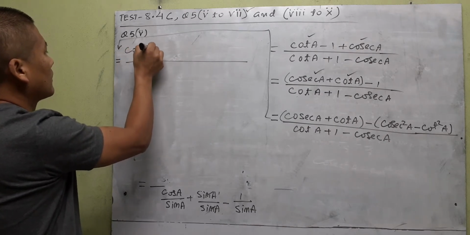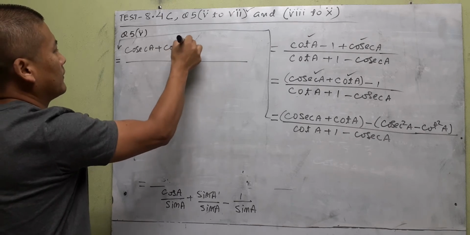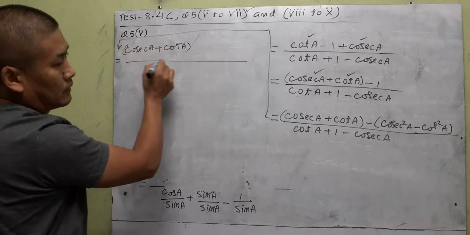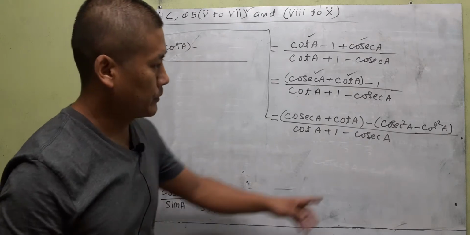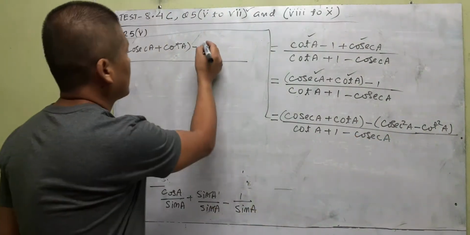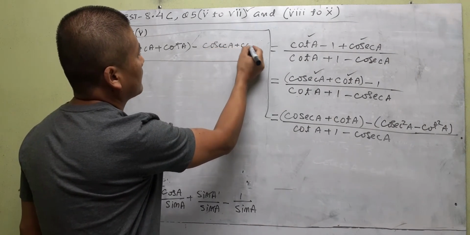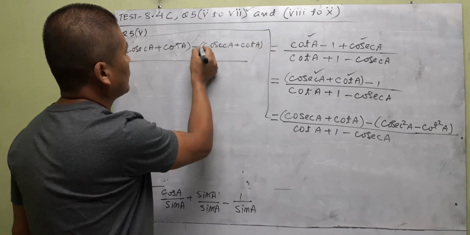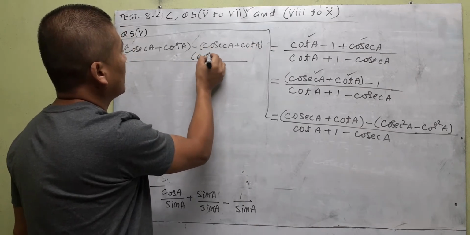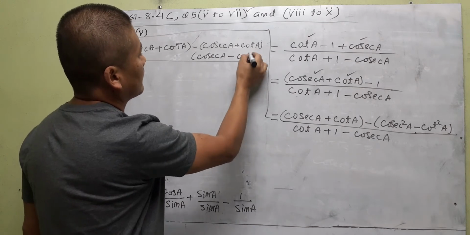Cosec A plus cot A is fine, just keep it like that. Minus here, A square minus B square, you can write it as A plus B into A minus B, cot.